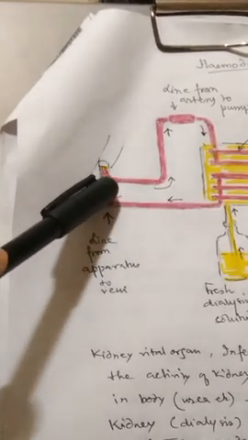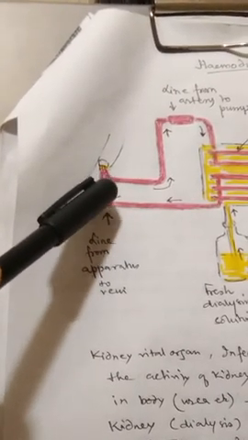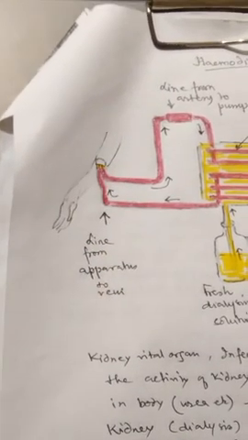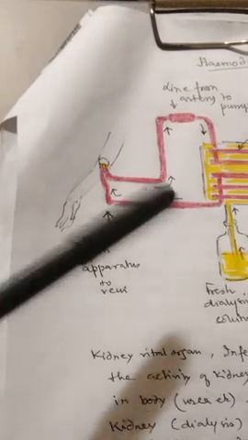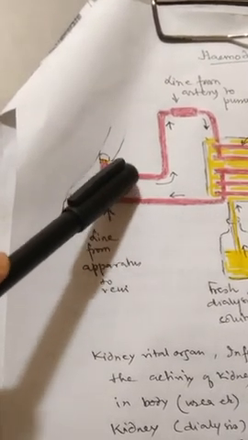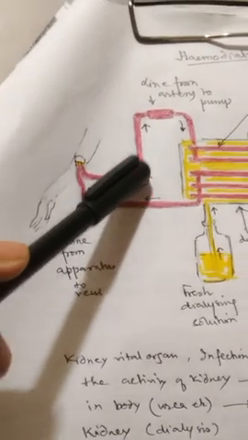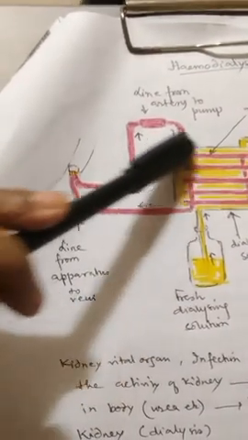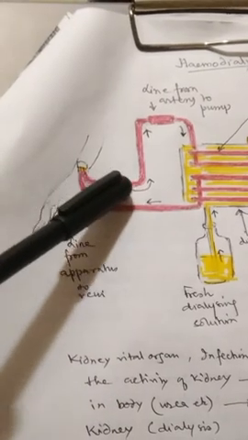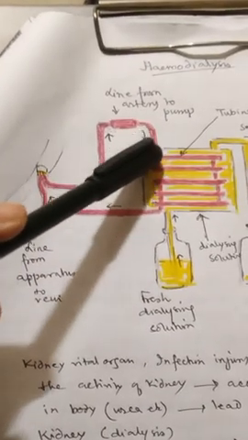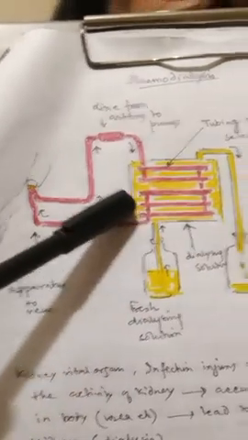The blood is drawn from that artery and cooled to 0 degrees, and then an anticoagulant like heparin is added so that the blood does not clot during this dialyzing procedure. Clear? And then it is passed through the tube into the dialyzing machine.